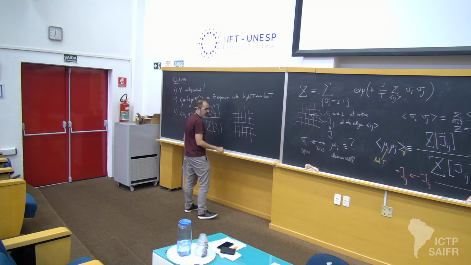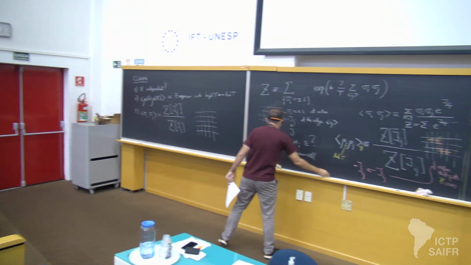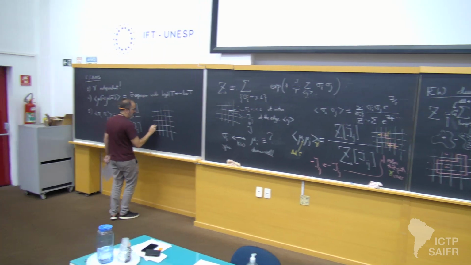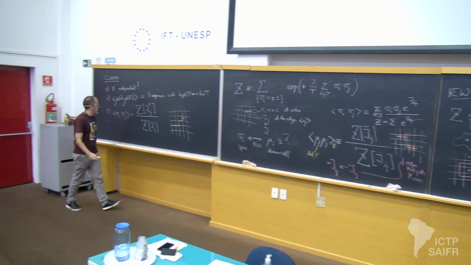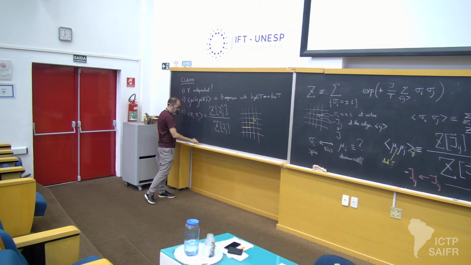Like before, I have a point i, but now i is in the original lattice, and I have a point j. I draw a path. That's a path gamma. So I could say this definition depends on gamma, but then, of course, we will show that it's actually gamma independent as well, because we know this doesn't depend on any paths.